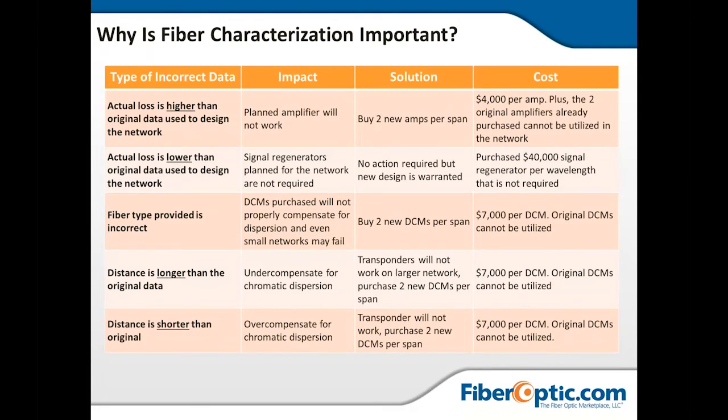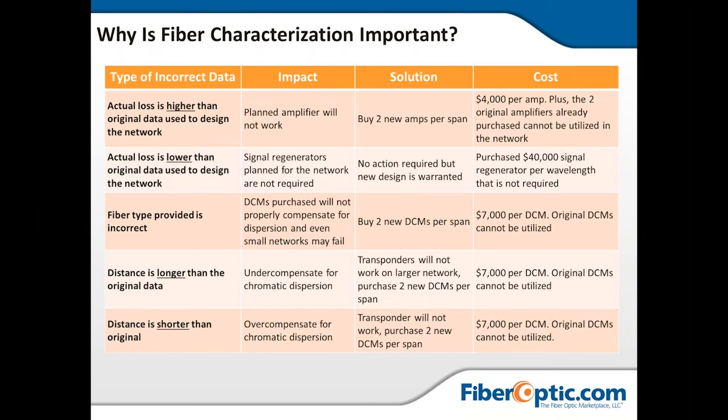Okay, so first one, the actual loss is higher than the original data used to design the network. So now where we put an amplifier will no longer work because it's too far out. We've got too much loss, and now our amplifier doesn't get enough signal coming in to work. So the solution, we have to buy 2 more amplifiers.